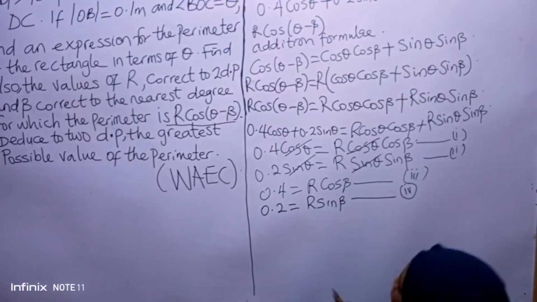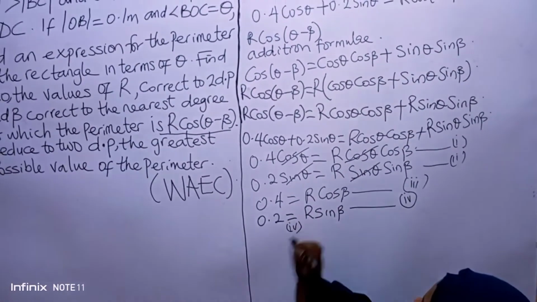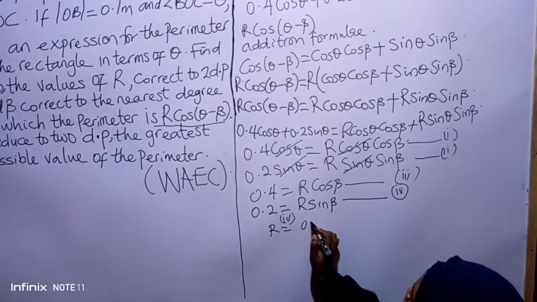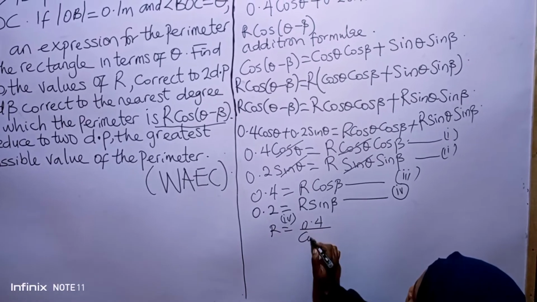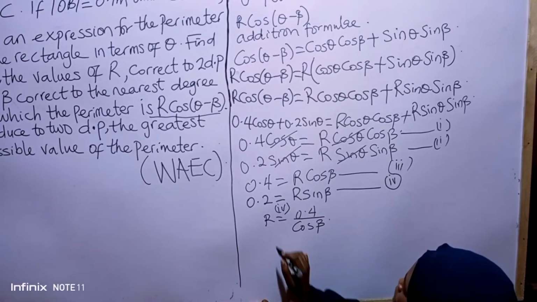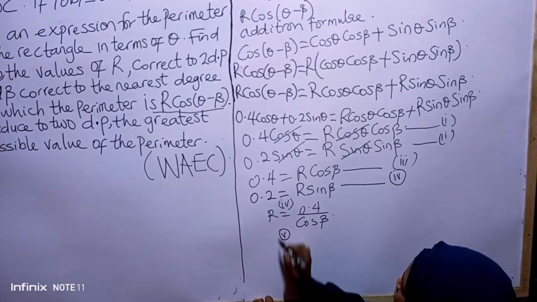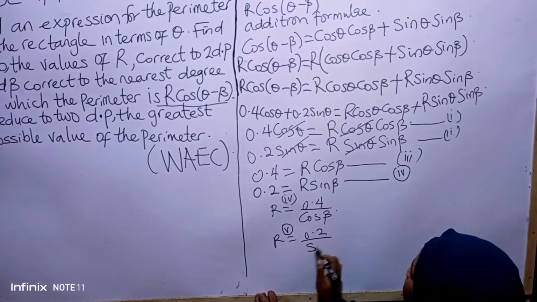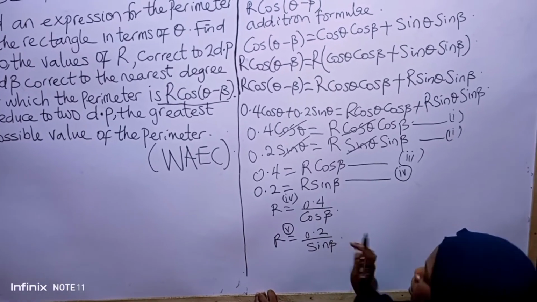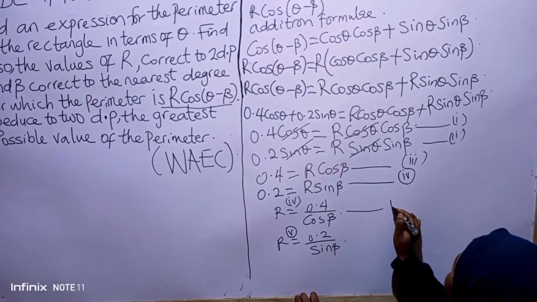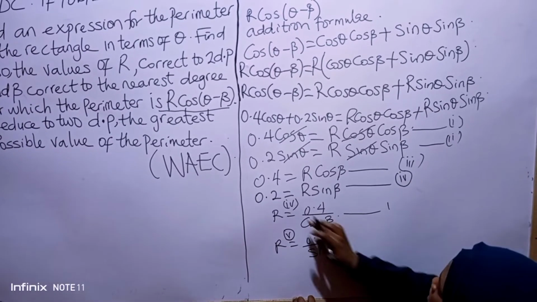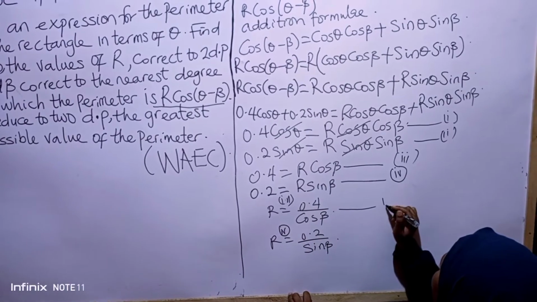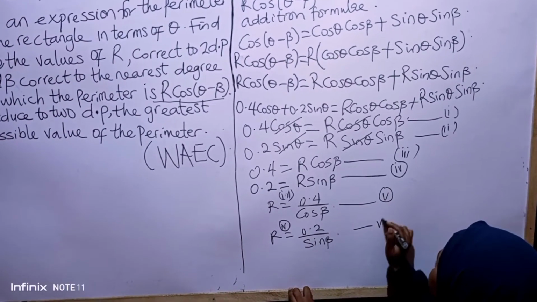So R is equal to 0.4 divided by cos beta, and R is equal to 0.2 over sin beta. This is equation 5 now, and here is equation 6.